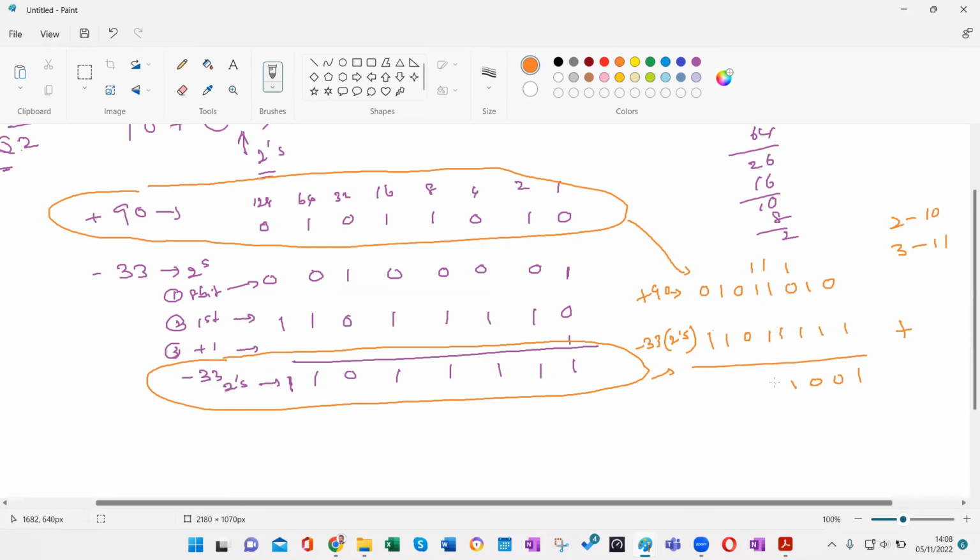Again, you have 3, so you keep 1, take 1 to the other side. 1 plus 0 is 1. 1 plus 1 is 2, you keep 0 and take 1 to the other side. And 1 plus 1 is 2, you keep 0 and take 1 to the other side. Now you can see there's an extra bit, which is called overflow. We talked about overflow in an earlier session.